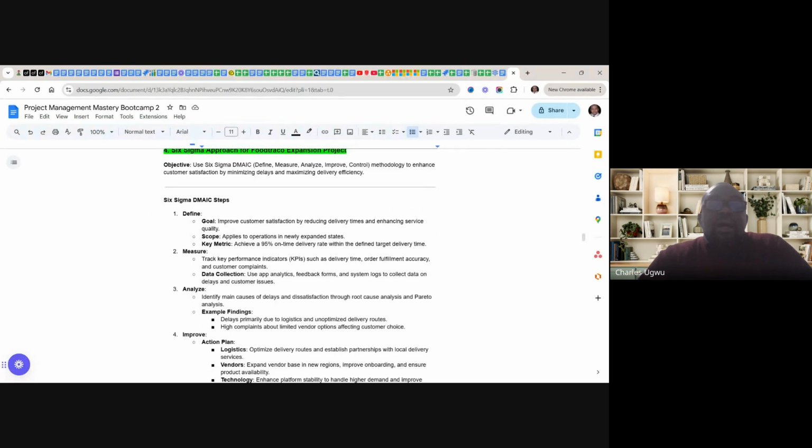Okay, Six Sigma steps. The first is to define the goal. The goal is to improve customer satisfaction by reducing delivery time and enhancing service quality. Scope applies to operations in new expected states.